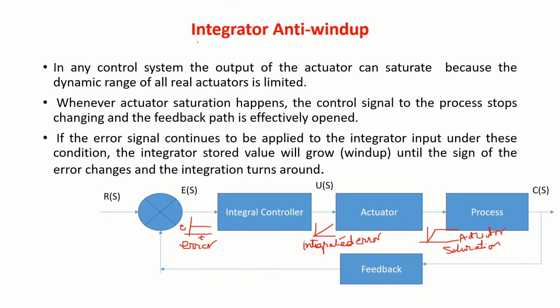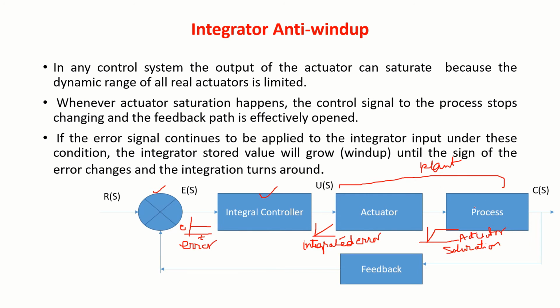So let us talk about another very important thing, integrator anti-windup. You have the summing point, I have the integral controller. Together this is the plant. I'll divide this into two: one is the actuator, the other one is the process.